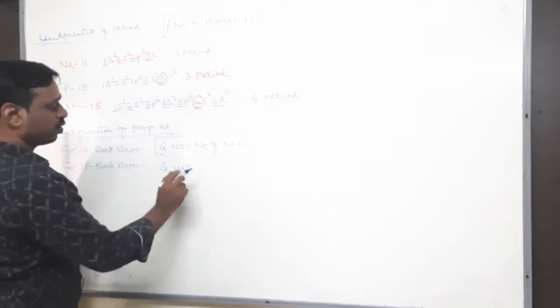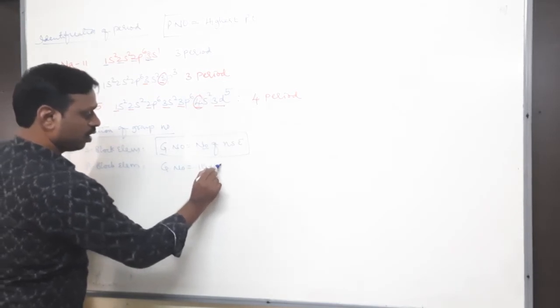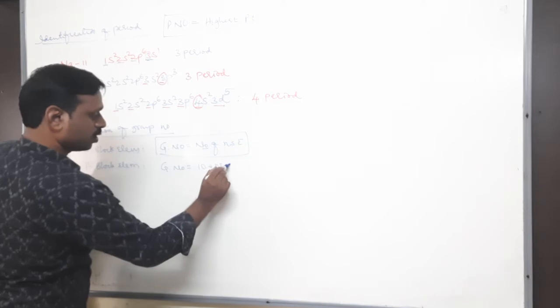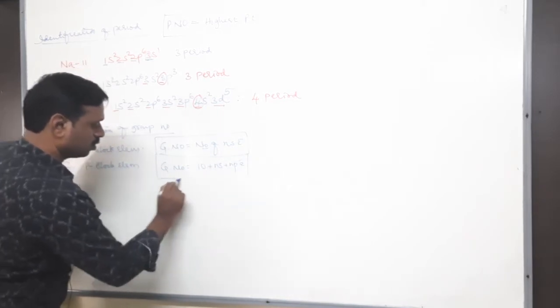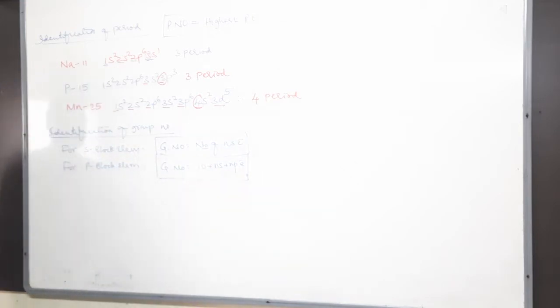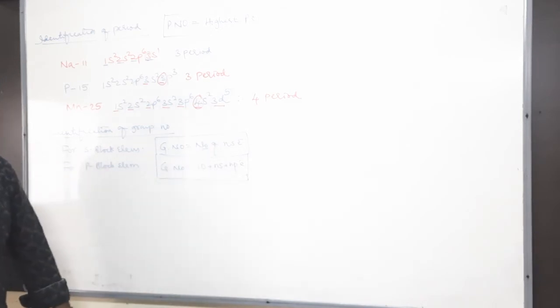Group number equals 10 plus ns plus np electrons.